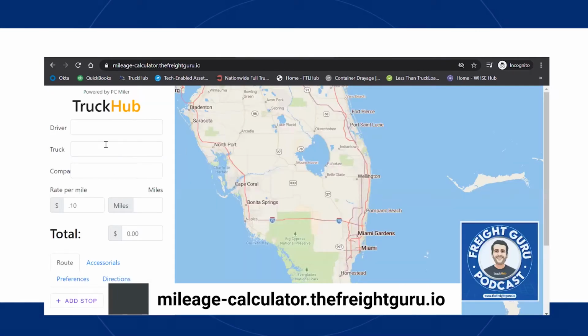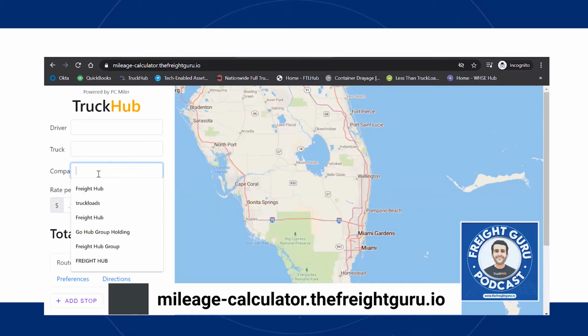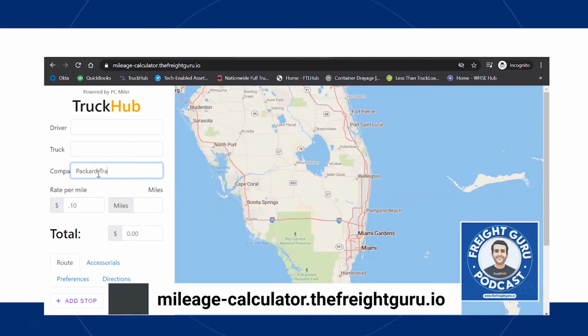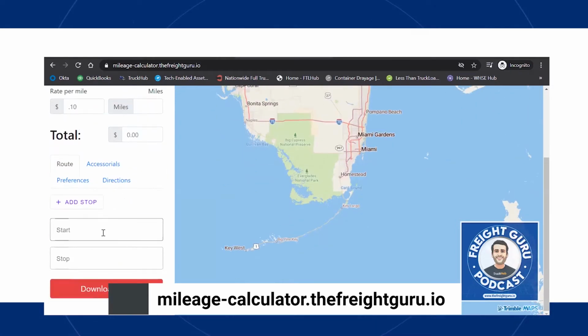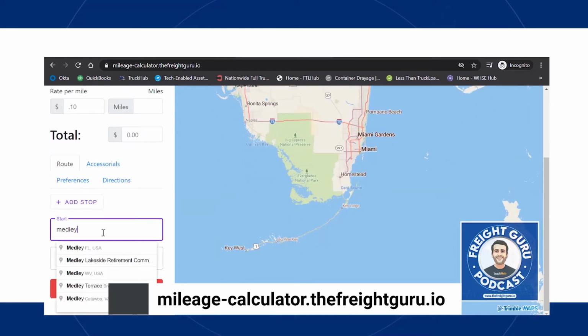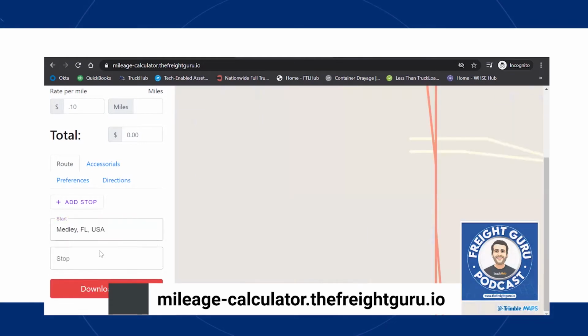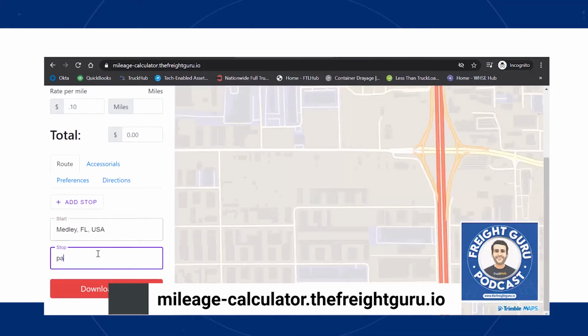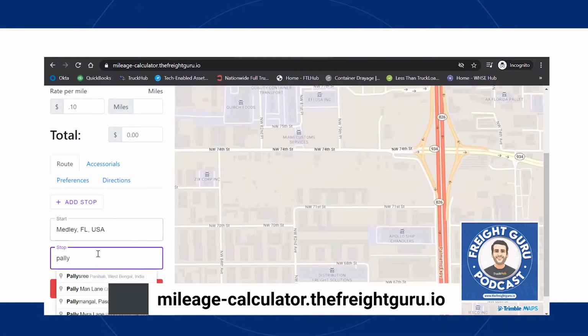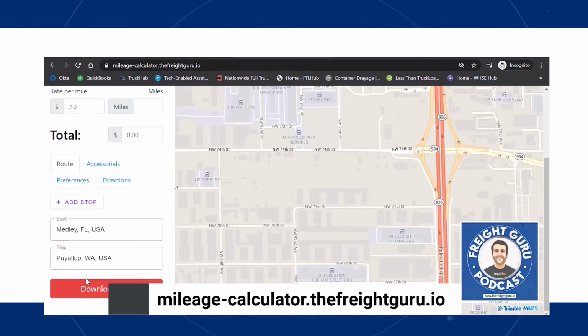So I don't know who the driver is going to be yet, right? So we're going to put here Packard Transport. That's the broker that ultimately, in a real world experience, I'd be communicating with over the phone, right? And then you're going to go Medley, Florida to Puyallup, Washington.